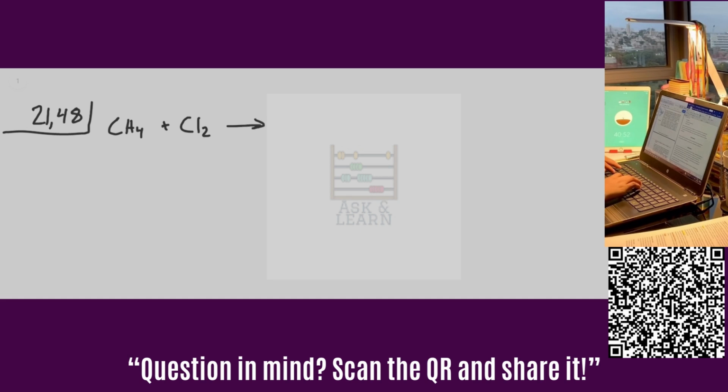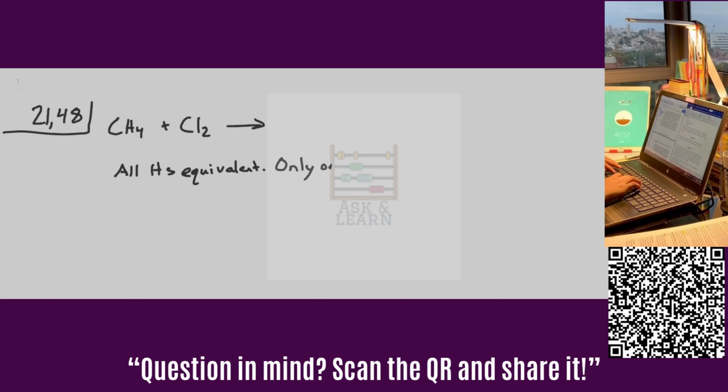And the question is, what does this produce? So one thing that we see here is that in this methane, all the hydrogens are equivalent. So we're only going to get one product because no hydrogen is different from one another.